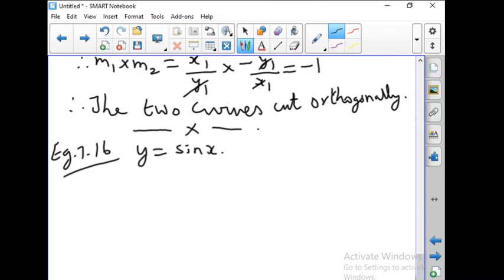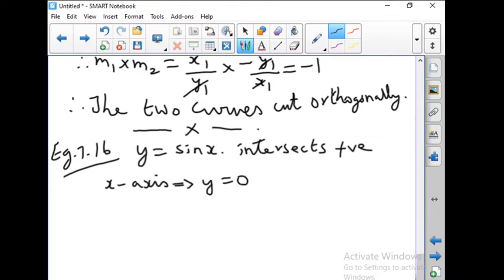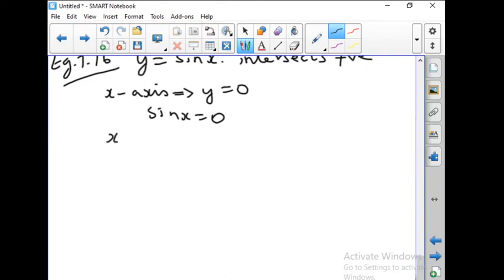So y is equal to sin x. This intersects the positive x-axis. Positive x-axis means y is equal to 0. So y is equal to 0 means sin x is equal to 0. So sin x equal to 0 means x is equal to n pi, for n is equal to 1, 2, 3, etc. Okay. So what about dy by dx?